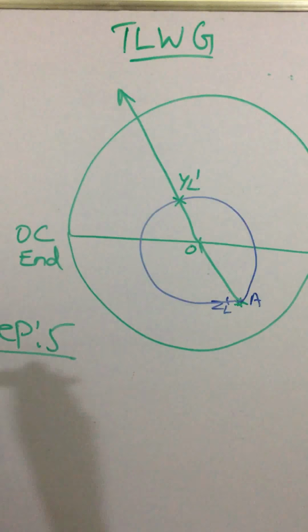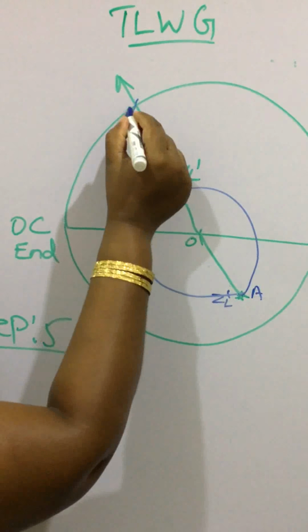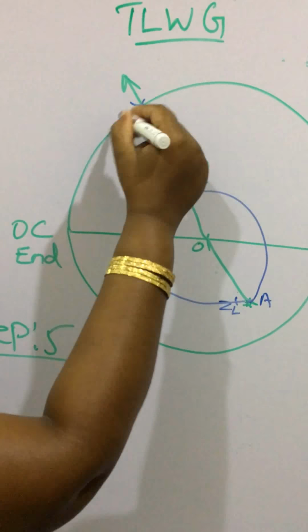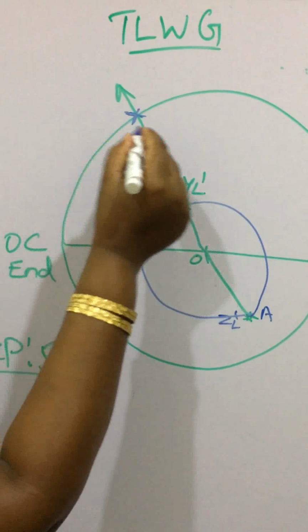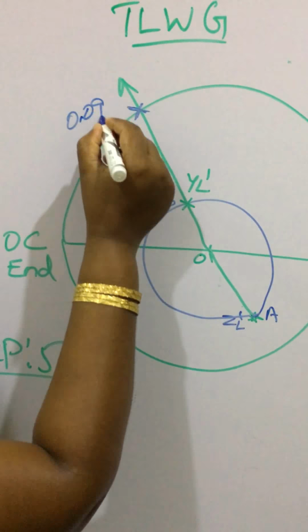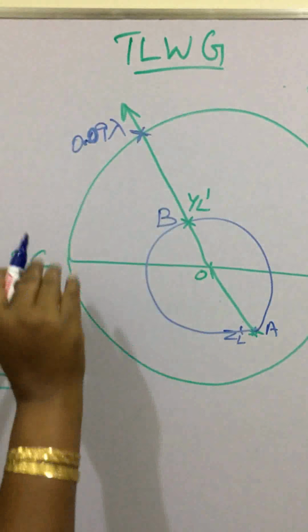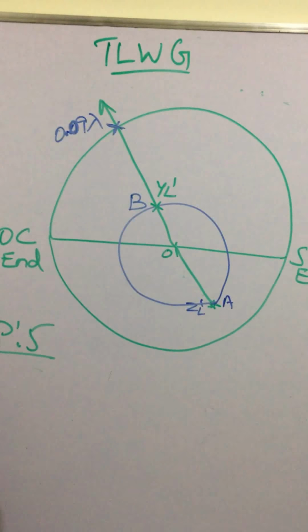I can name that point as B. The other intersection is where this straight line cuts the outer rim of the Smith chart at this point. Now we can find the lambda at this point. It is 0.09 lambda, reading your Smith chart in the clockwise direction. So this is step 5.